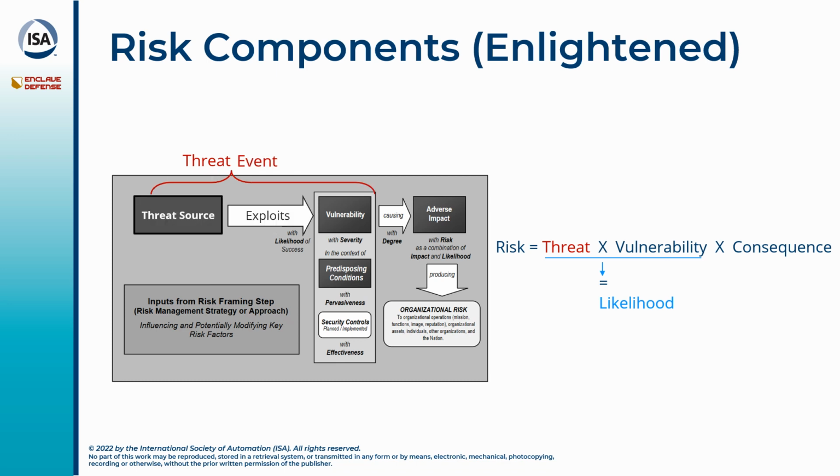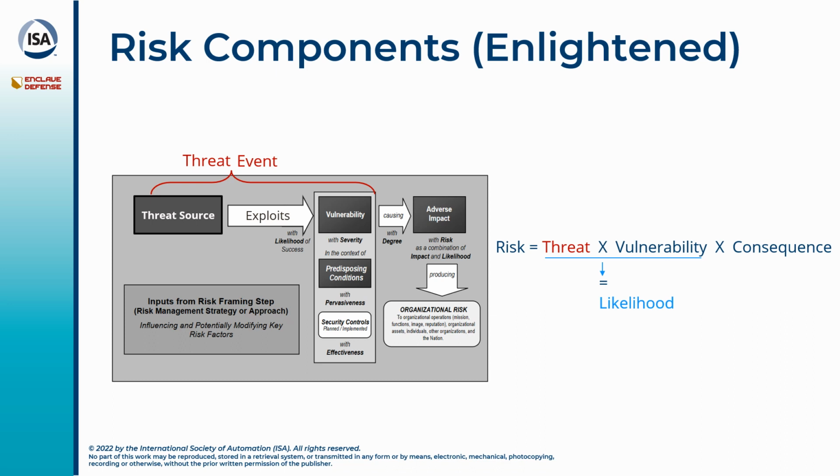Remember, these changes for the 800-30 model were inspired by their own definitions and explanations, which we just covered. Namely, that a threat source causes a threat event, vulnerabilities are exploited by threat sources, and that a threat event causes an adverse consequence or impact.